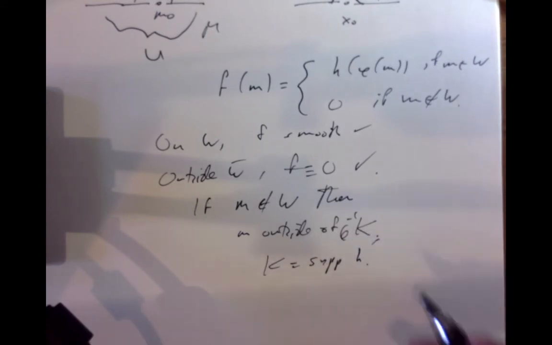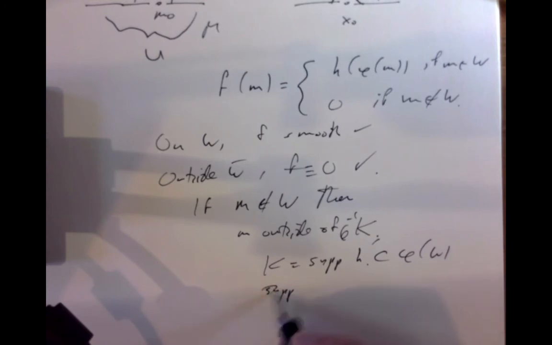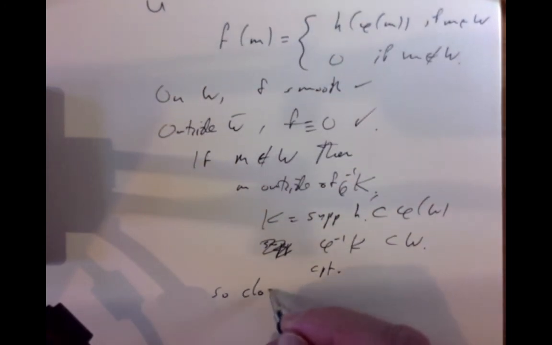So the support of h is of course contained in phi of W, and so phi inverse K is contained in W, and this is compact. And that's an important fact. So it's a compact set, and so it's closed. So it's closed, and that's the crucial point. The compact sets are closed, where we're really using the Hausdorffness.